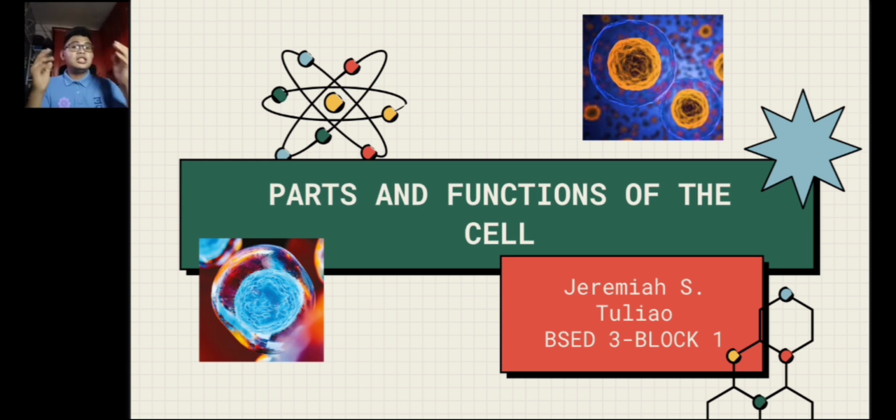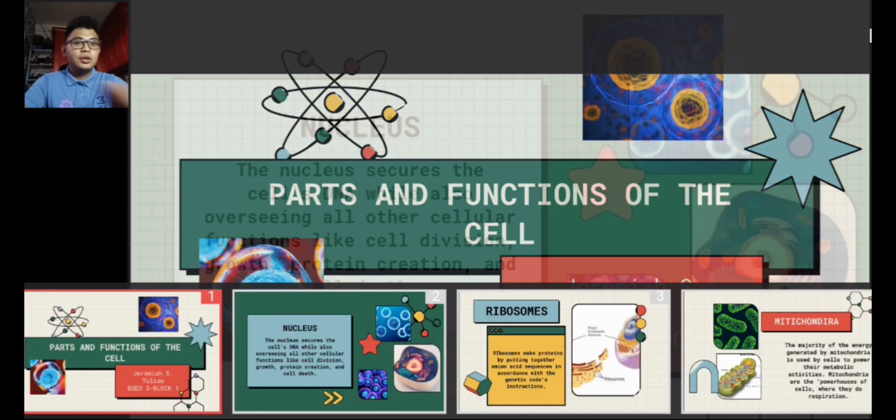Always remember, despite their differences, they often contain shared structures. These are referred to as organelles, or mini organs, and this is the first part of the cell that we will tackle.